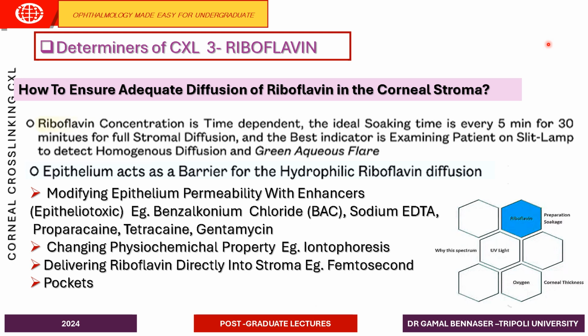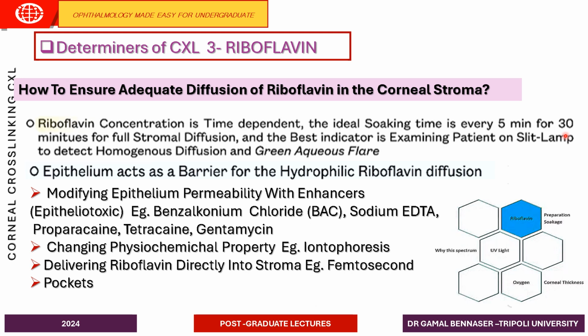Another factor is the soaking time, the time needed for the riboflavin to reach a good concentration inside the cornea, because diffusion is time dependent. So we should know the soaking time for each type of commercially available riboflavin. For example, the soaking time for the standard riboflavin, which uses dextran as a constituent, is 5 minutes every 30 minutes to reach a good concentration inside the cornea.